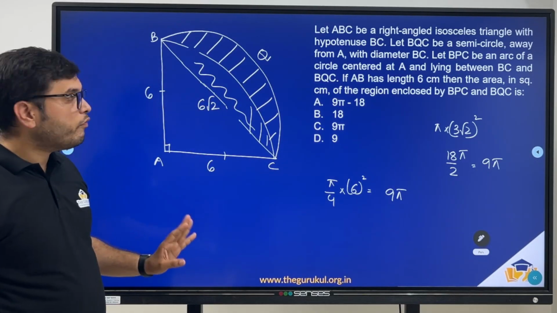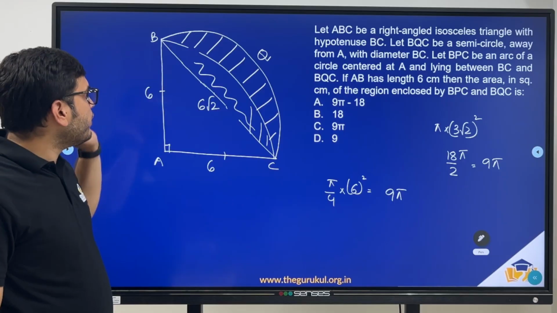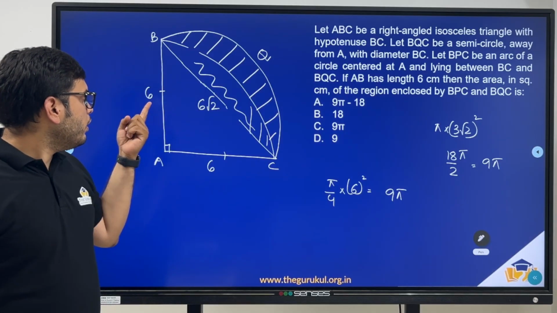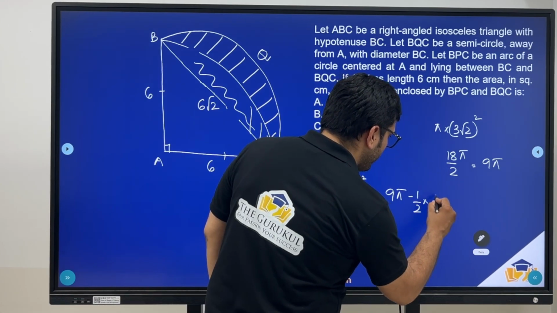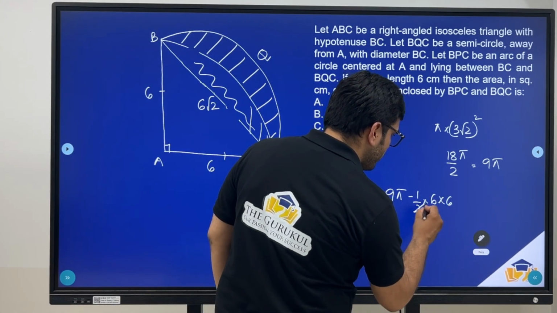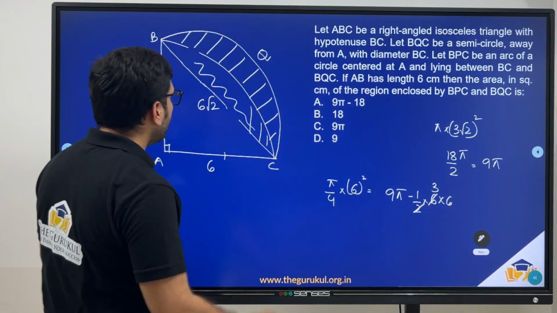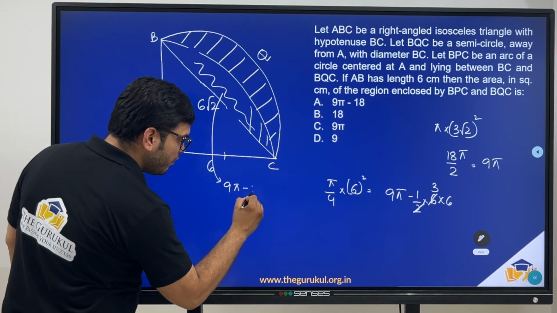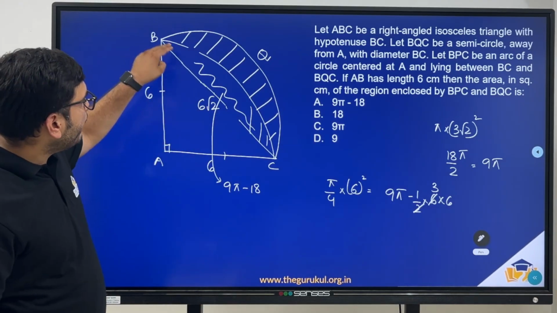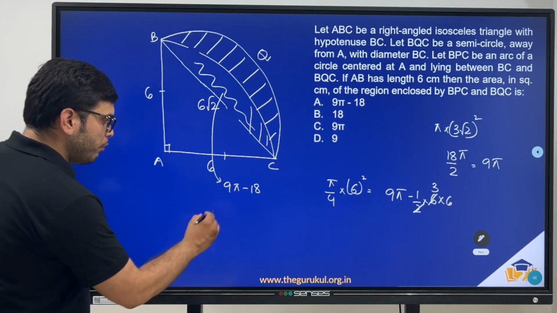Now we do not want the area of the sector. From the area of the sector, we need to subtract the area of the triangle. Now the area of this right angle triangle will be minus half into the product of the perpendicular sides, 6 into 6, 18. Right. So the area of this part is 9 pi minus 18. And the area of the semicircle is 9 pi.